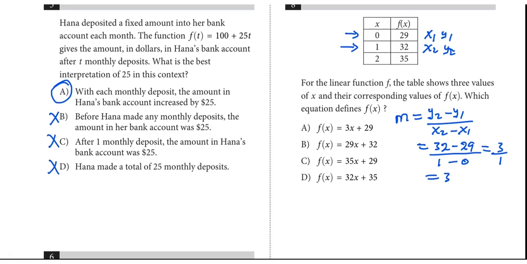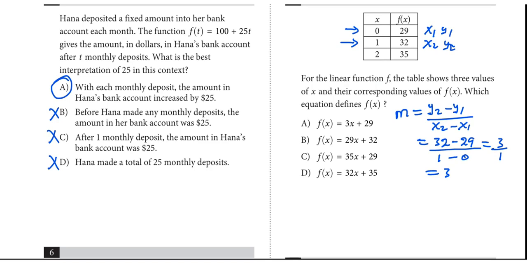So now we can use the point slope form, which is y minus y1 is equal to the slope times x minus x1. We can take any point.